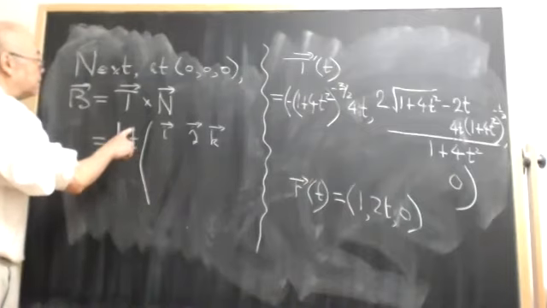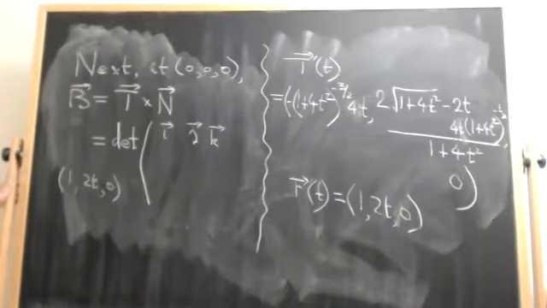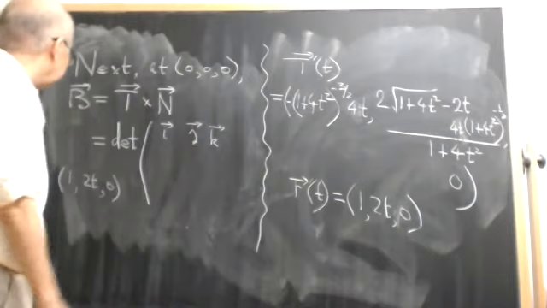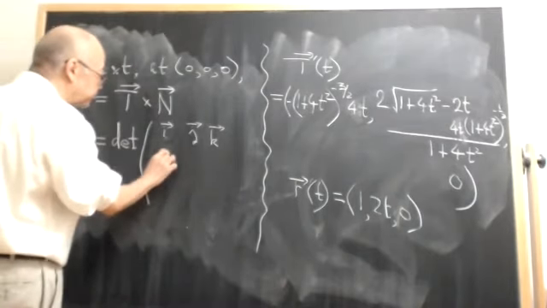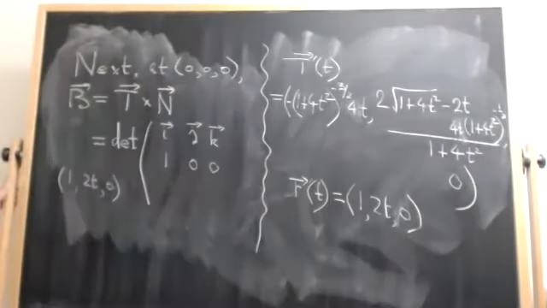Now let me see, T of 0 is 1, 0, 0. No, it is right. T is the derivative, 1, 2t, and then 0. Yeah, at the origin, it is 1, 0, 0. Yeah. Okay.